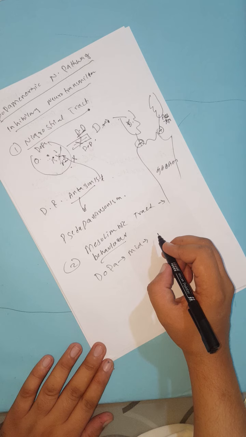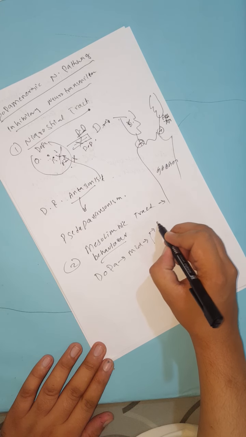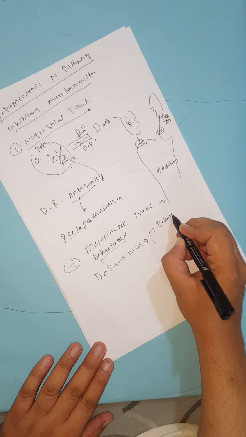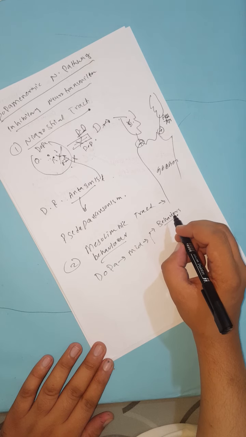Dopamine in this pathway has a role in behaviors like reinforcement, cognitive function, sensory perception.